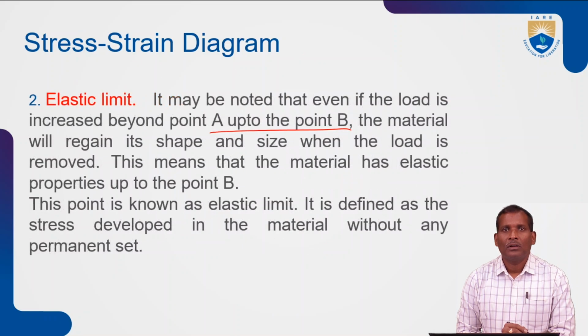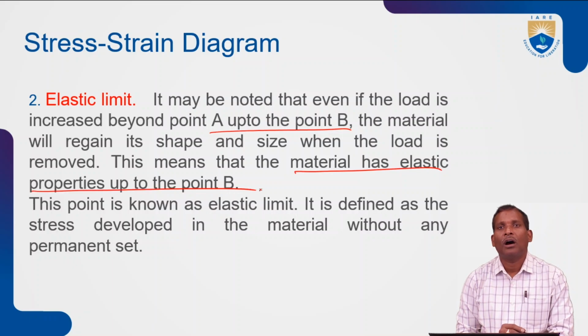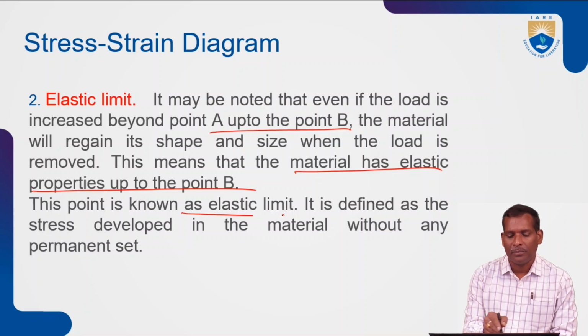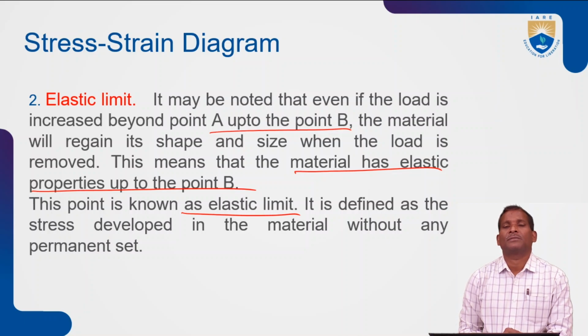The material will regain its shape and size when the load is removed. So this means that the material has elastic properties up to the point B. So this point is known as the elastic limit. It is defined as the stress developed in the material without any permanent set.